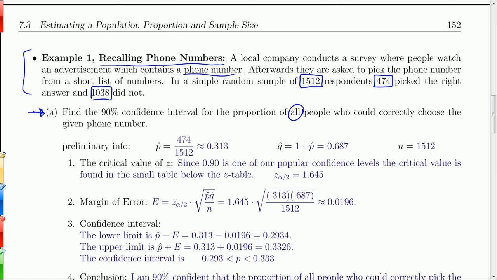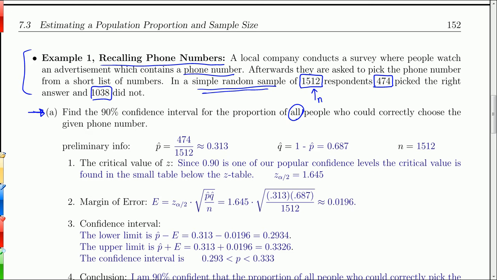We have a pretty big sample. So it's worth checking out the requirements. The requirements are a random sample, and it states here this is a simple random sample, so that's good. The conditions for a binomial distribution have to be met, so there are n trials, 1,512 respondents.